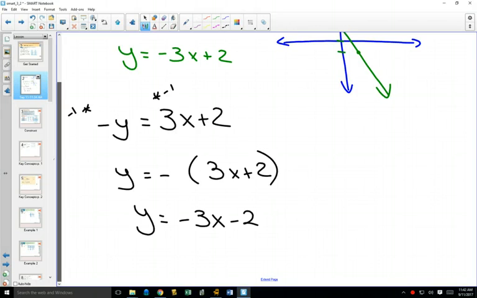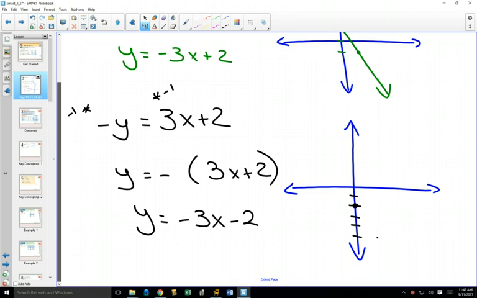What does that look like? Well, here we would have a y-intercept of negative 2, and the slope would still be negative 3, so we go down 3 over 1.